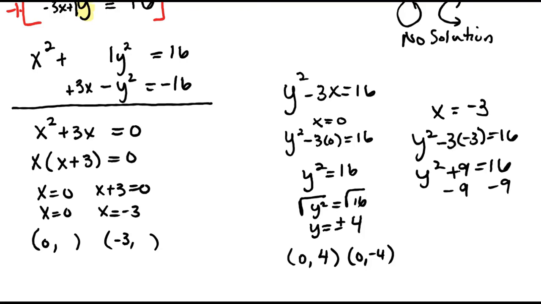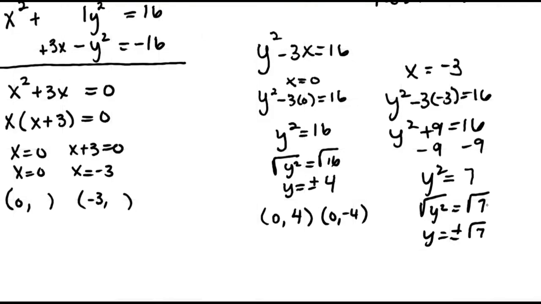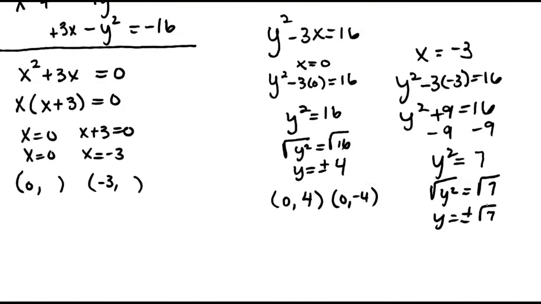I'll subtract 9 to get y squared equals 7. Square root both sides. And y equals plus or minus square root 7. So we had x equals negative 3, and we got plus and minus square root of 7. So we get two more solutions, two more ordered pairs.